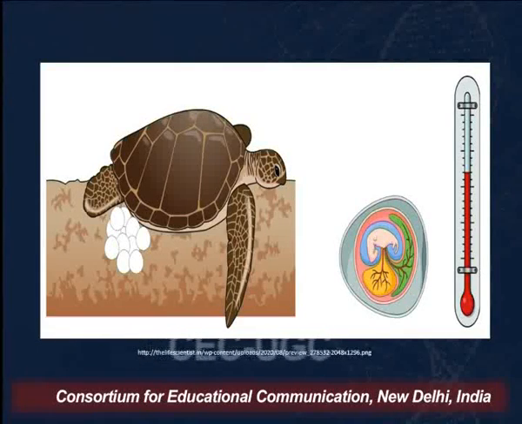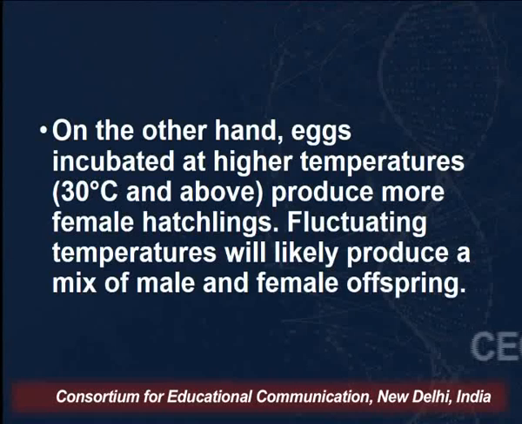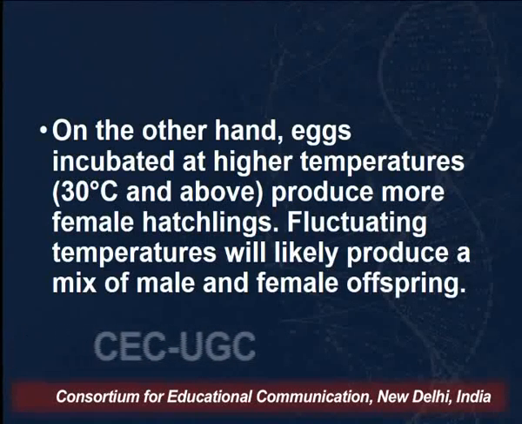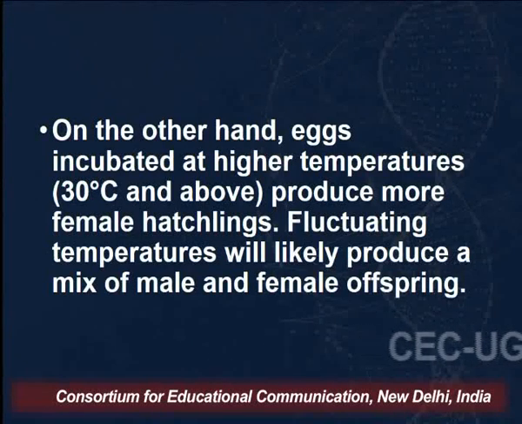On your screens you would find a depiction of how the turtle's eggs have different courses of embryonic development with reference to the rise or lowering of temperatures. So the eggs which are incubated at much higher temperatures, say 30 degrees or above, would produce more and more female hatchlings.